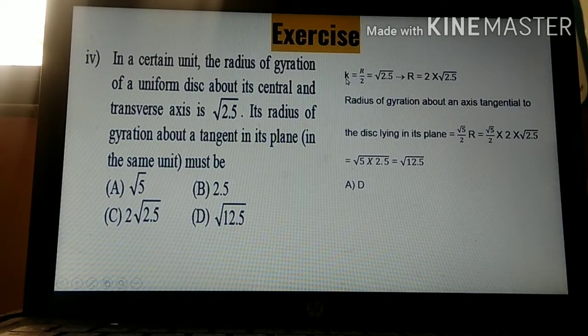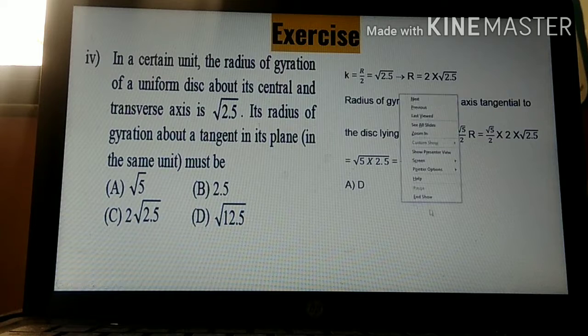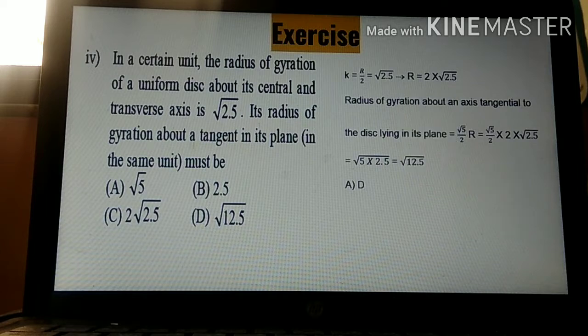Fourth MCQ. In a certain unit, the radius of gyration of a uniform disk about its center and transverse axis is root 2.5. Its radius of gyration about a tangent in its plane must be.